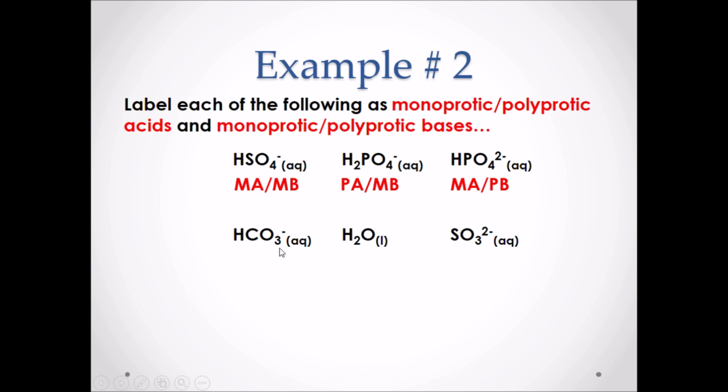For our last 3 chemical formulas, we have the following answers. HCO3-, this is going to be considered a monoprotic acid because this is an ion and this hydrogen can be removed. It has a charge of -1, so it's a monoprotic base.